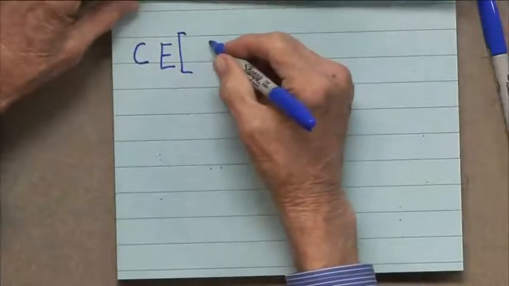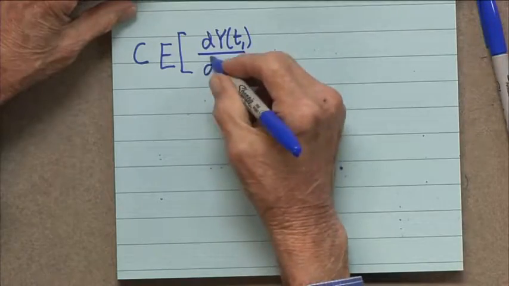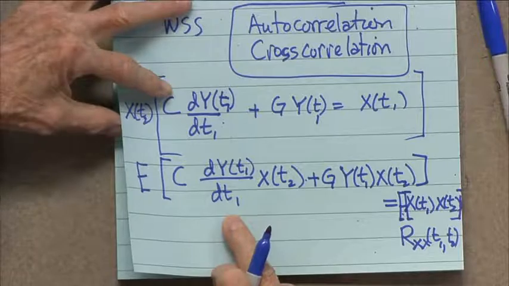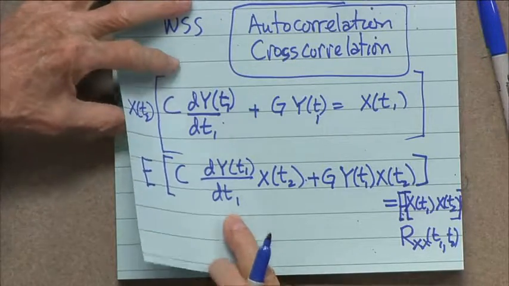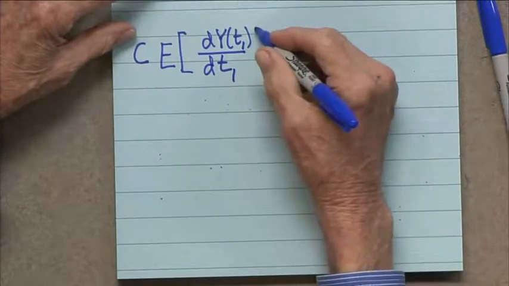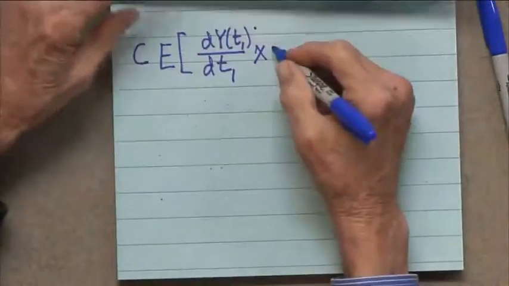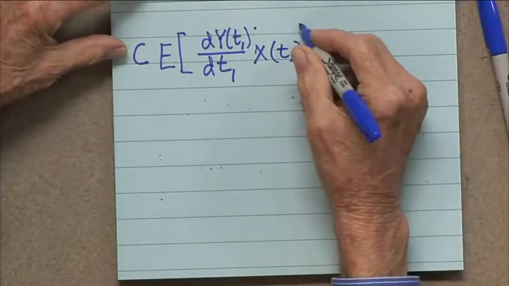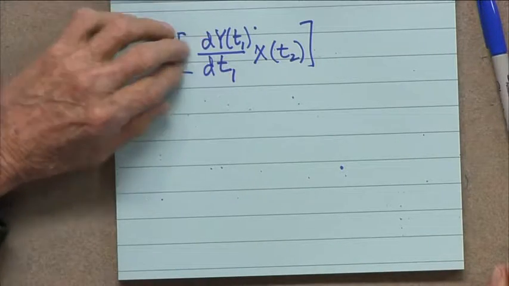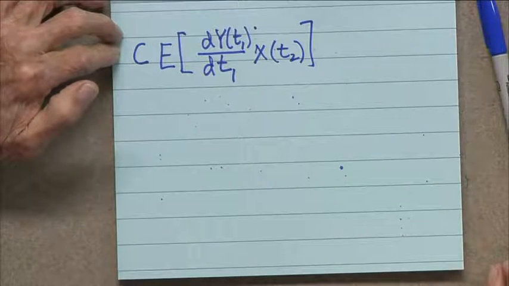Expected value of dy(T1)/dt1, not dt2, dt1, times x at t2. Again, the dt1 we can take out of the expected value.